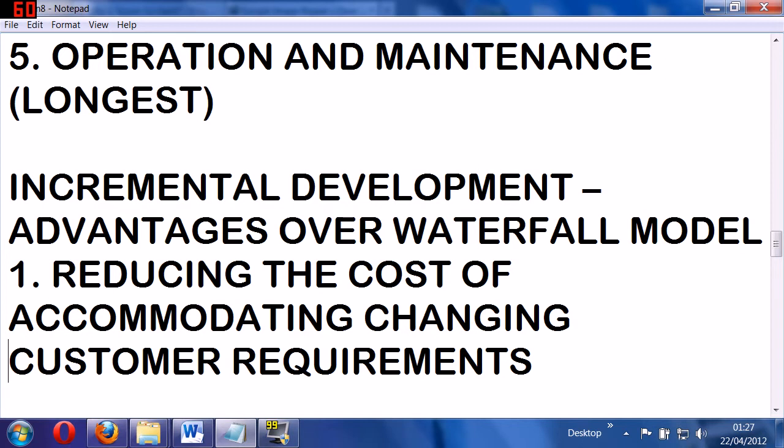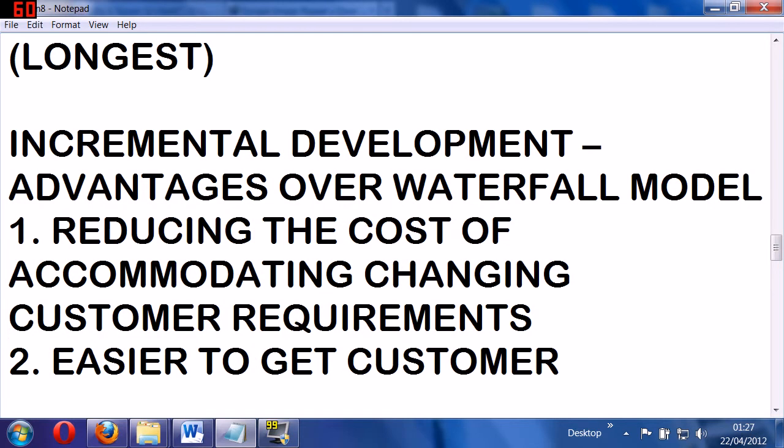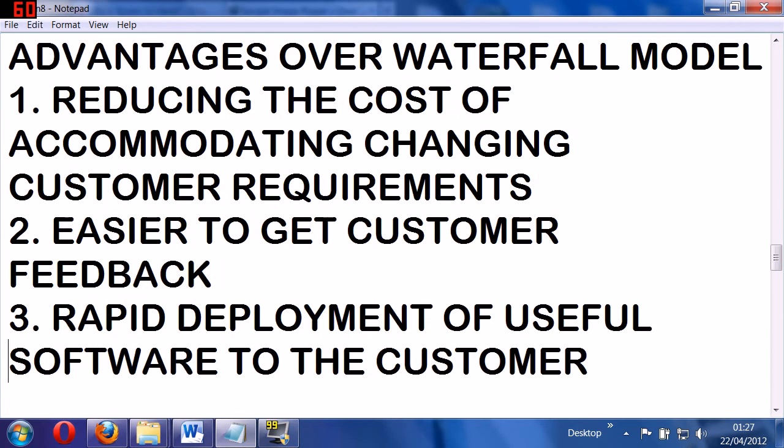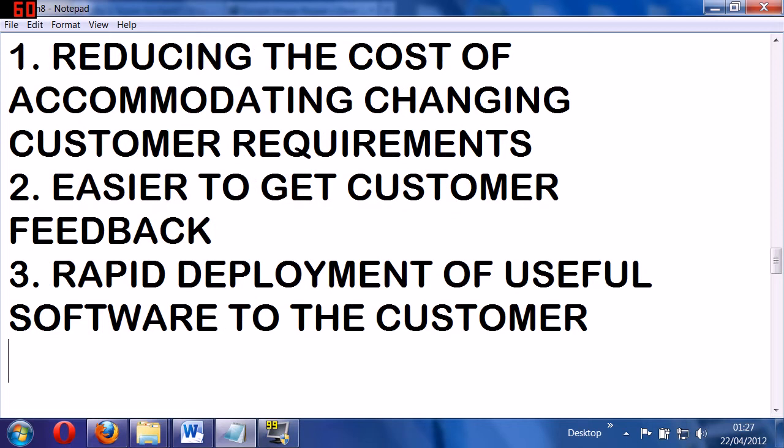That reduces the cost of accommodating changing customer requirements. It's easier to get customer feedback, and there's rapid deployment of useful software to the customer. You can go out with the bare bones, and then you get more and more until it becomes fully fleshed out. You've got all that time to get all the feedback and everything.